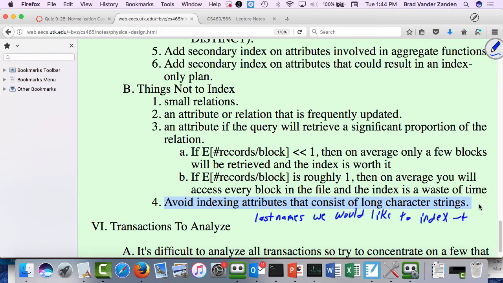They sometimes end up as cluster indexes, so they're basically used to physically organize the file. So now we kill 2 birds with 1 stone. The problem is we don't normally do range queries on last names. So that's a trade-off.